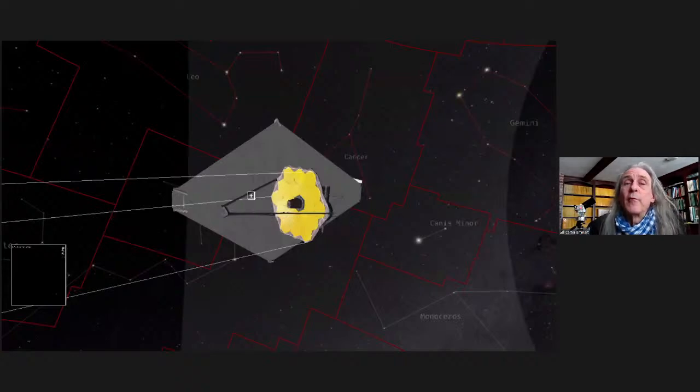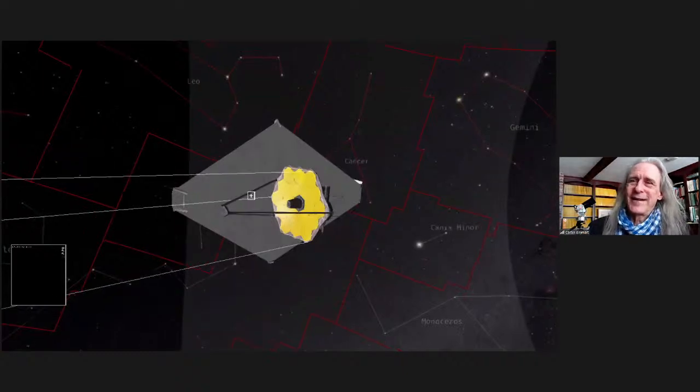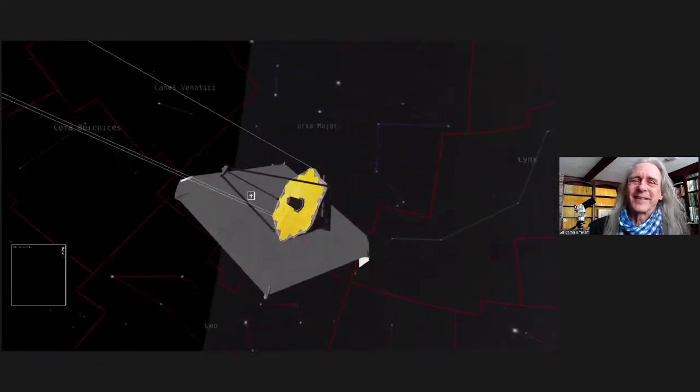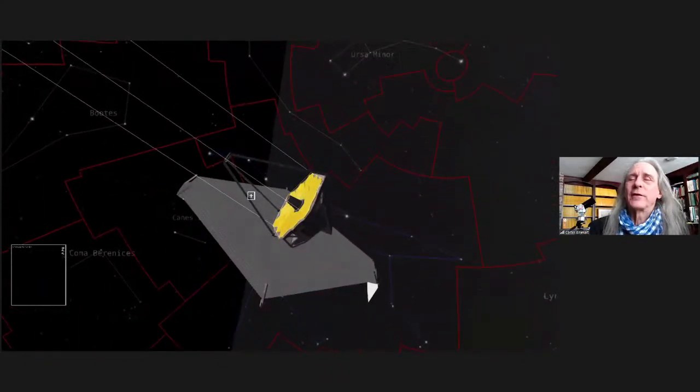So we ended up with more fuel than expected, and so its life expectancy will go beyond 10 years if all goes well. And then there are even ideas of sending a robotic spacecraft out to it with more fuel to even boost it in the future. So I think the jury is out on how long the telescope will last. That's a really good question.